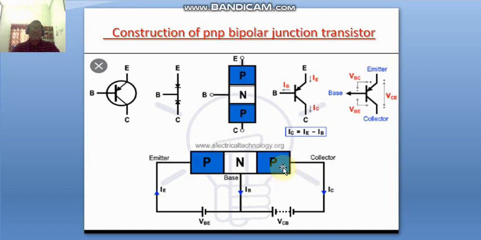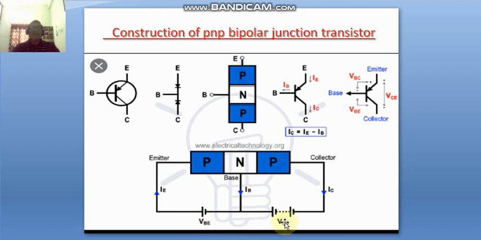This circuit is known as the output circuit. The output circuit in the PN junction is always in reverse bias. So the P type is connected to the negative terminal and the base is connected to the positive terminal. The battery connected between emitter and base is represented with VBE.